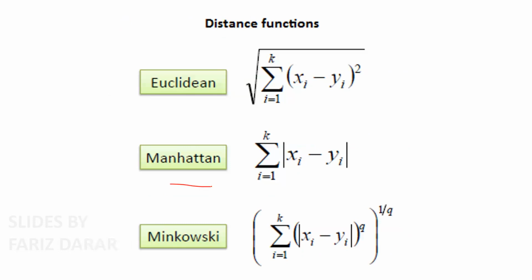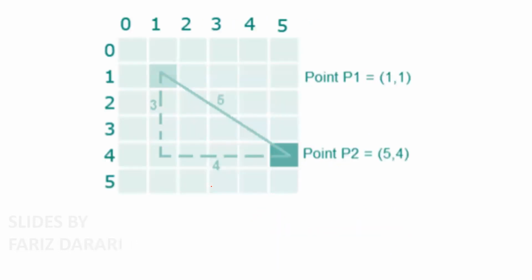And then let's see, what about this Manhattan distance? Manhattan distance between P1 and P2. Does anyone know? I'm writing it using Notepad, so you know it's not that easy.